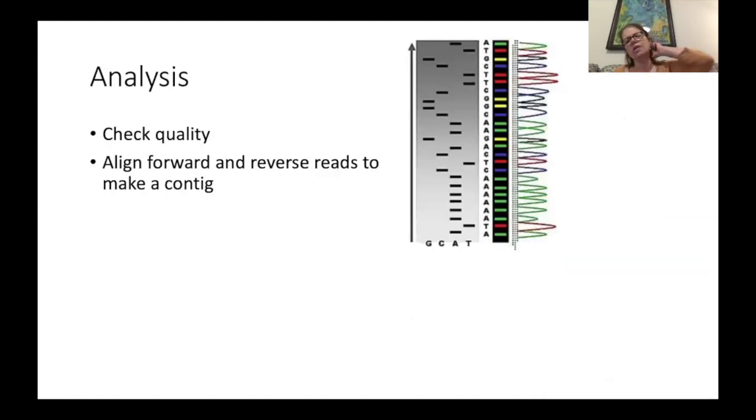And so consequently, what ends up happening is you'll get a readout from the sequencing machine that looks something like this. And you'll see on the right hand side are peaks of different colors. And those peaks generally correspond to a particular nucleic acid. And so you'll read those peaks and determine what that nucleic acid sequence is.